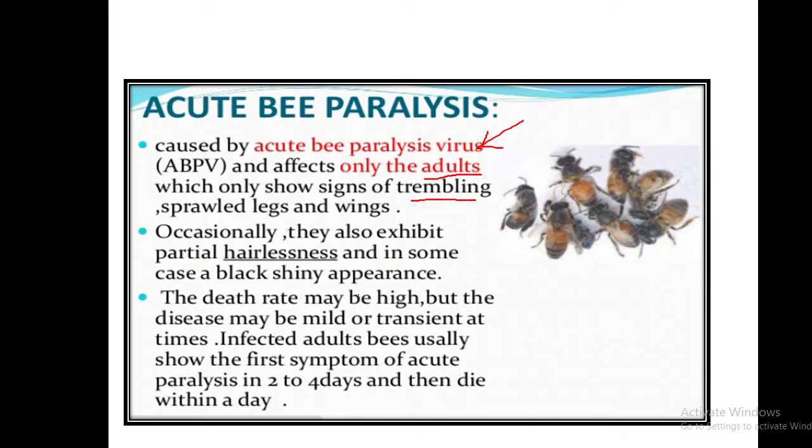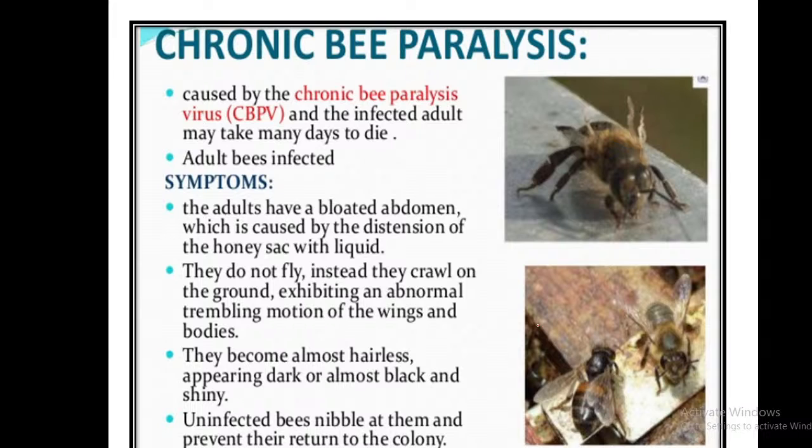And the death rate is very high. As a result of this, the death rate of the adult honeybees is very high as a result of this acute bee paralysis. Acute bee paralysis is പെട്ടെന്ന് കോളനിന്ന് നശിച്ചു പോകും. And another disease is chronic bee paralysis.